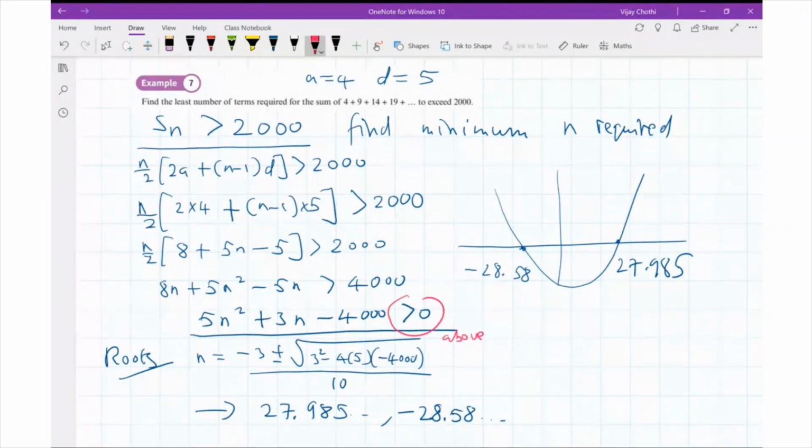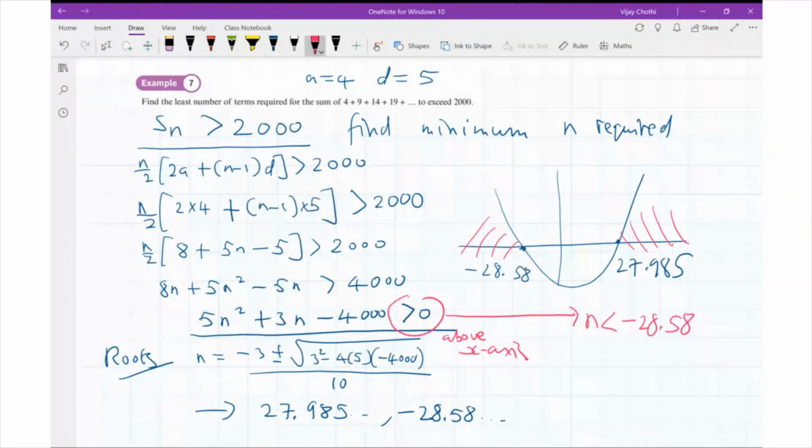It's above the x-axis on this side and also on this side. So the solutions to the inequality then will be n less than minus 28.58. And this is not possible because n has to be positive for a start. So this can't be true. n has to be a positive integer anyway.